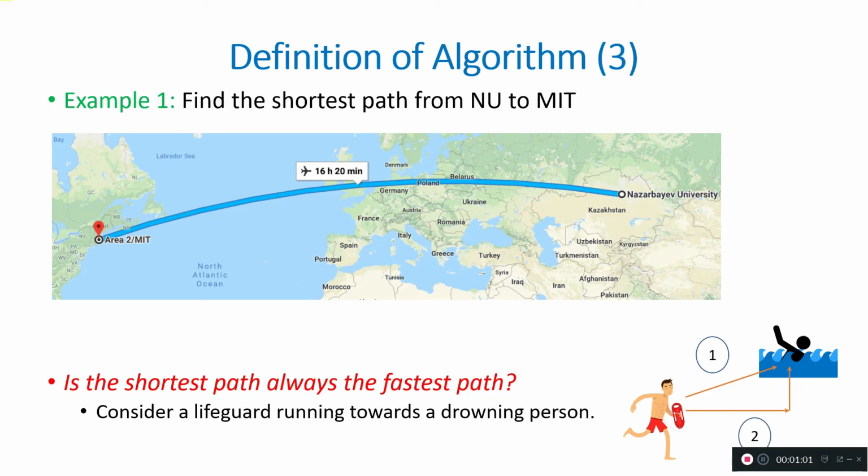Well, obviously path 1 is shorter than path 2. But what we should keep in mind is that even though path 1 is short, the lifeguard will have to swim towards the drowning person, which obviously will take more time than running along the coast and then swimming for a shorter distance. Therefore, even though path 1 is shorter, path 2 would actually be faster than path 1.